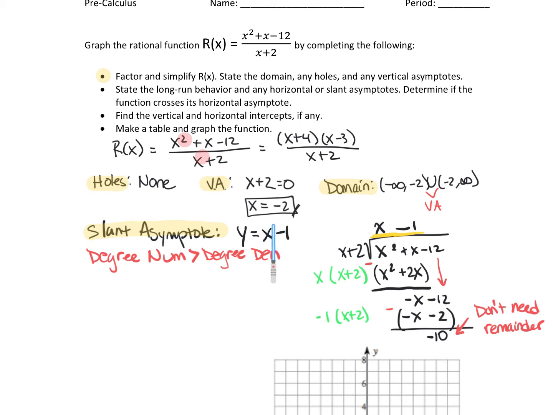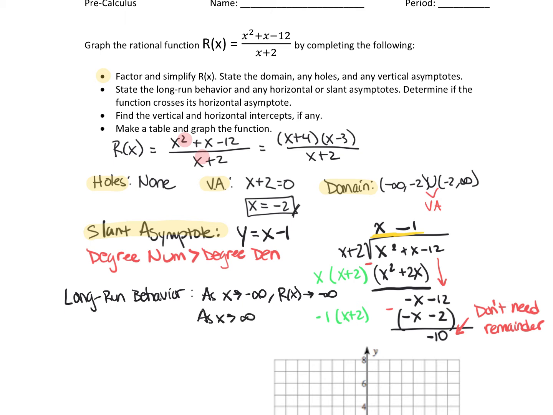So I can see that this is an odd degree, or degree of 1, and a positive leading coefficient, which means for our long-run behavior, as x approaches negative infinity, or my left side of the graph, r of x is going to approach negative infinity, or it's going to be pointing downward.